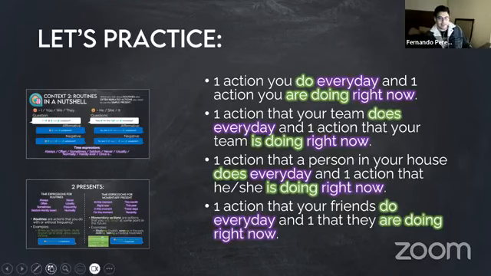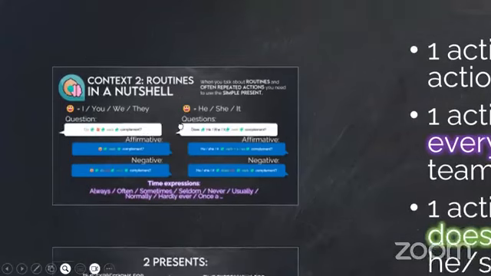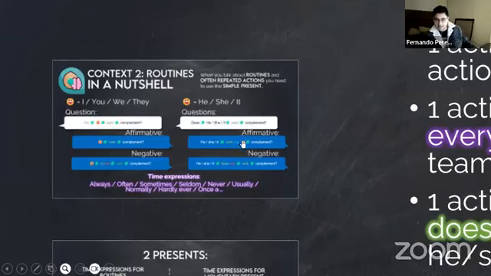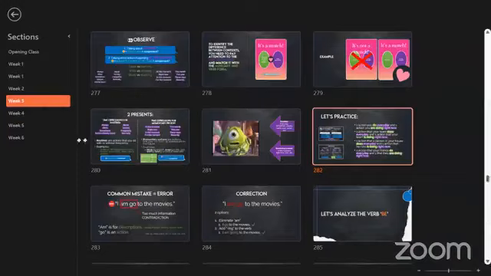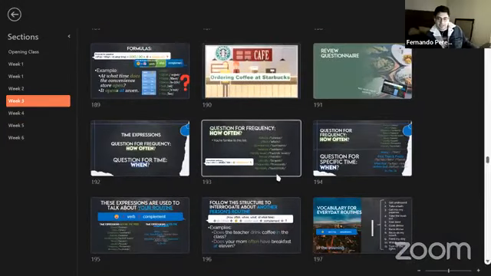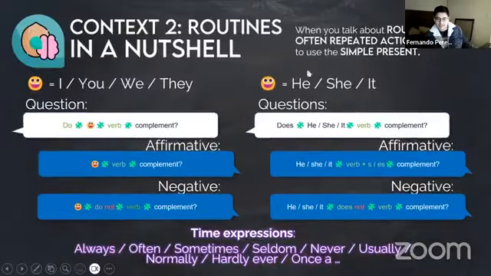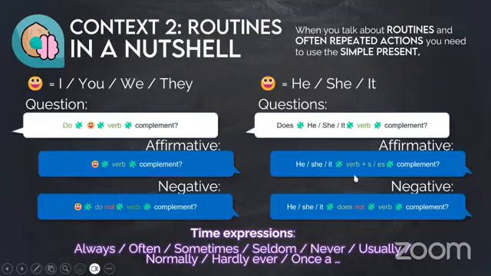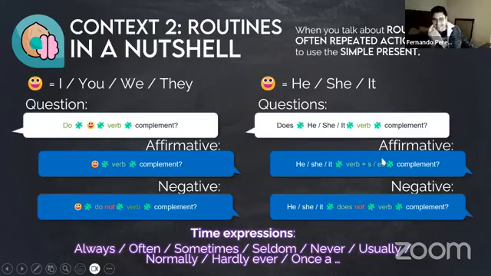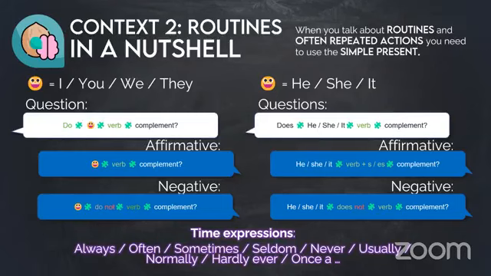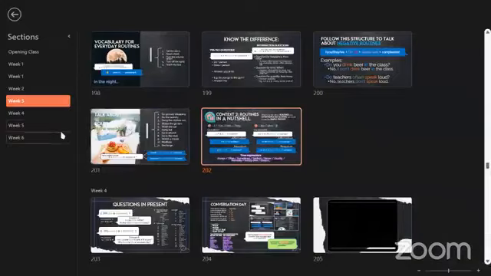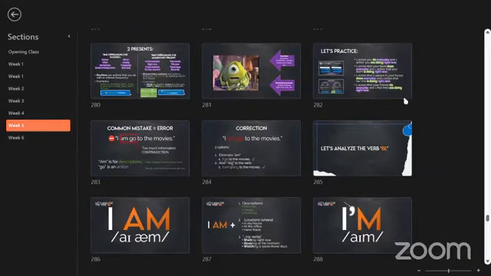Verb plus S. When you talk he, she, it, what happens to the affirmative sentence? With S. Exactly. So I go, you go, and your brother? He goes. My brother goes to work every day.